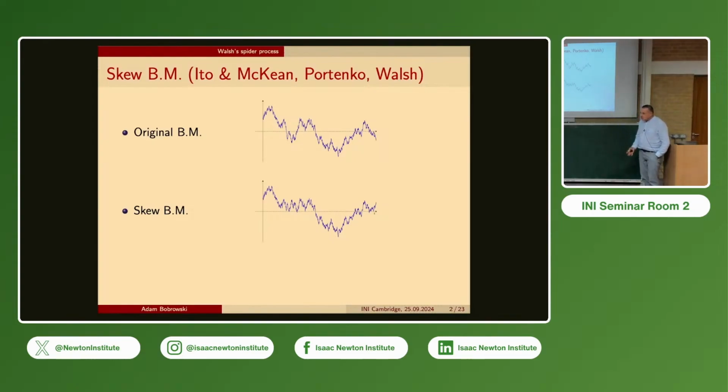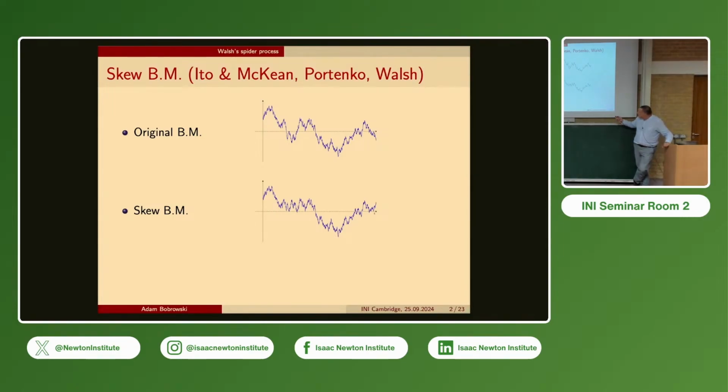Okay. So what is skew Brownian motion? Probably everybody knows here, but just to recall, the skew Brownian motion is constructed from the original unrestricted normal Brownian motion by flipping excursions from 0. So we have a parameter alpha between 0 and 1, a probability, and for each excursion from 0, we decide whether it's going to have a sign plus or sign minus.